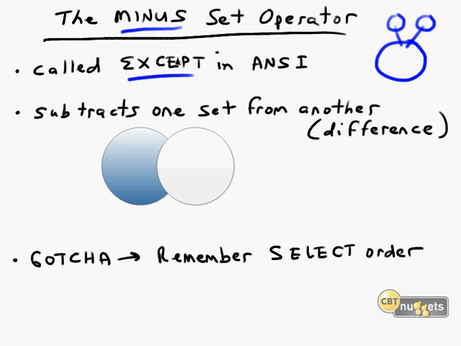But both of these keywords do the same exact thing, and that is you're subtracting one set from another or finding a difference between those two queries. So the Venn representation shows query 1, and then we have query 2, which is subtracting itself from query 1.